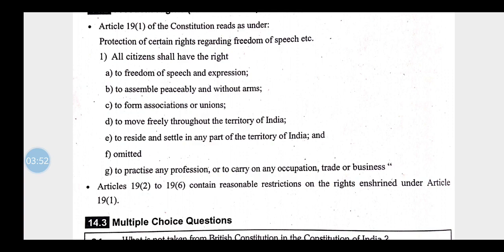So basically, Article 19(2) to 19(6) contain reasonable restrictions on the rights ensured under Article 19(1). In this context, the Bombay High Court has upheld the restriction placed on the movement of persons affected by AIDS. And similarly, the Apex Court has acknowledged limitations in the interest of society over the movement of conservatives.